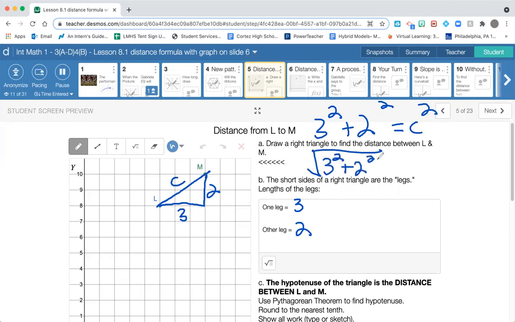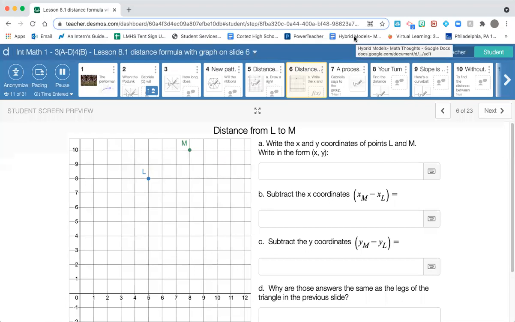If you ever need to use a calculator for this, please do so. But this should be the square root of 13 for C. So we know it is the square root of 13 units to go from L to M. Typical Pythagorean theorem problem. Now let's see how this gets amped up on the next slide.